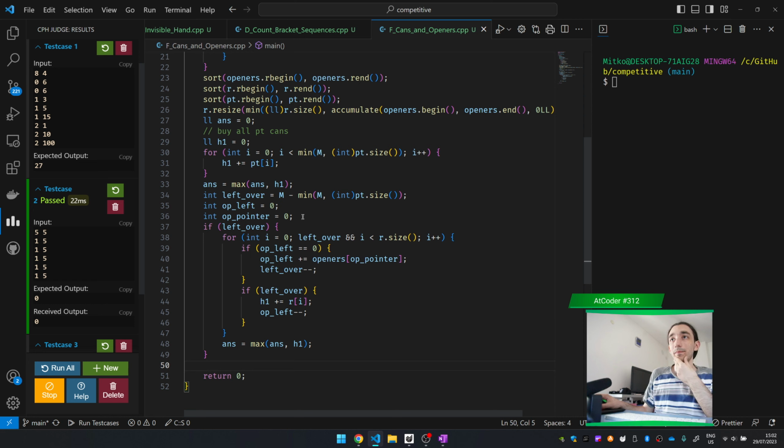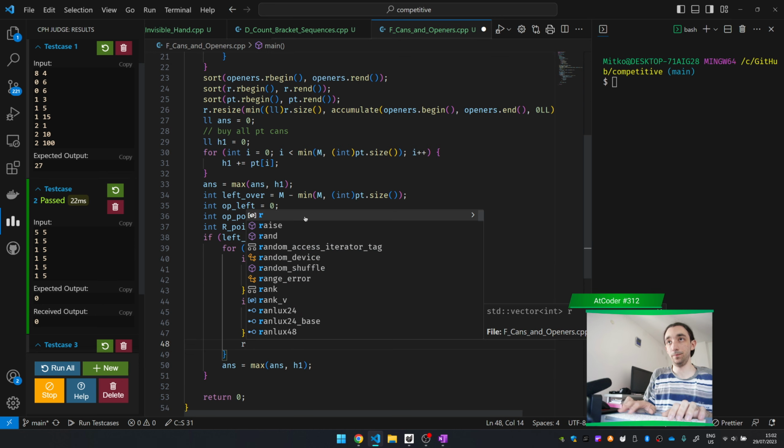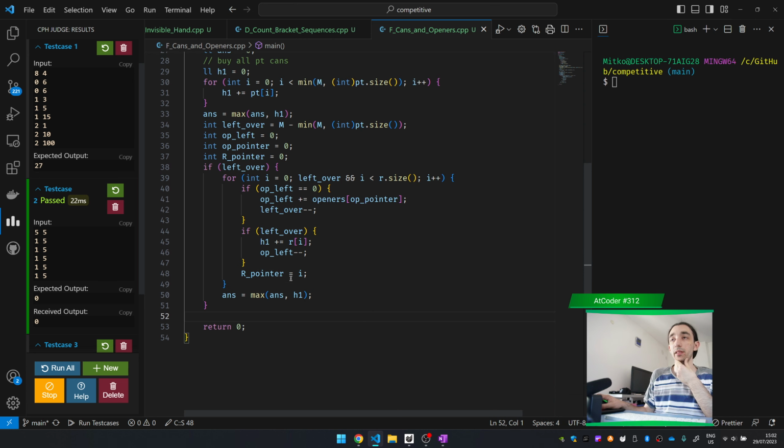So okay, int r pointer here is I. This is the last thing I bought.